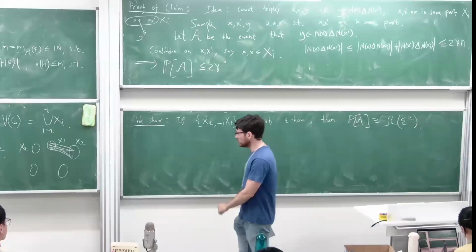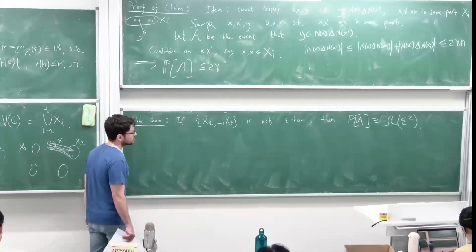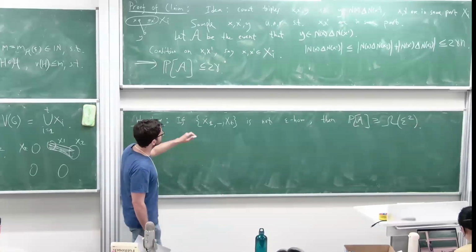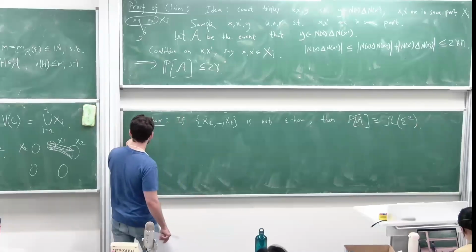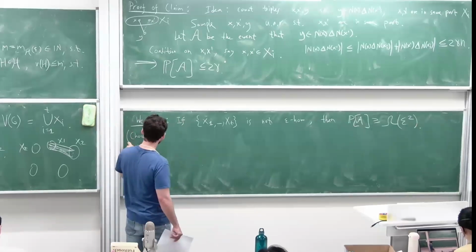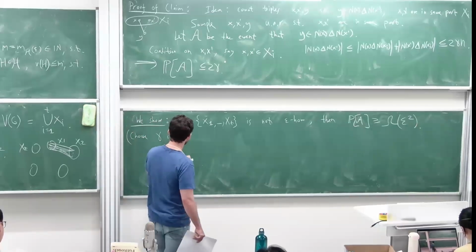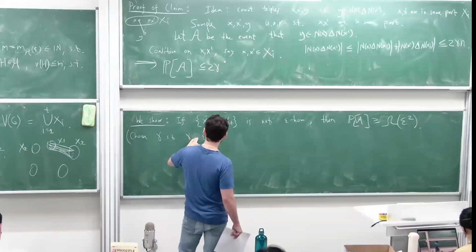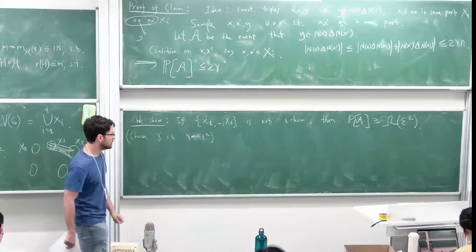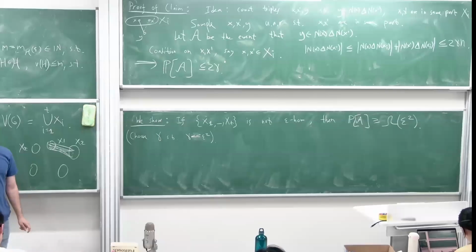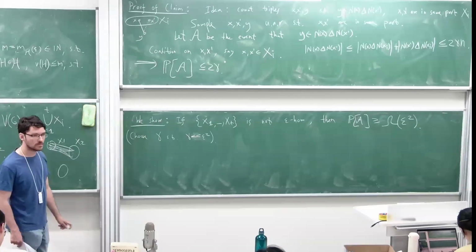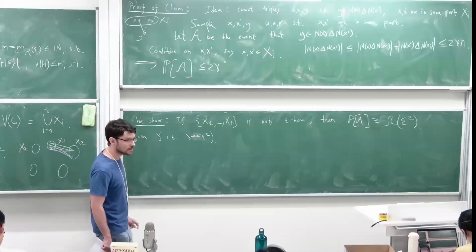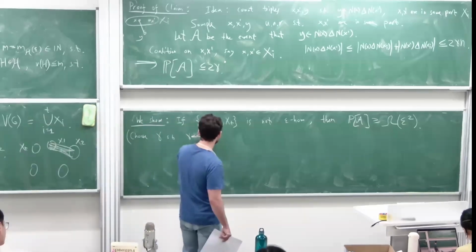So we'll prove it, but given those two things, we see that we need to choose gamma. So we choose gamma such that gamma is much smaller than epsilon squared. And this will be enough. Okay, so let's prove this.